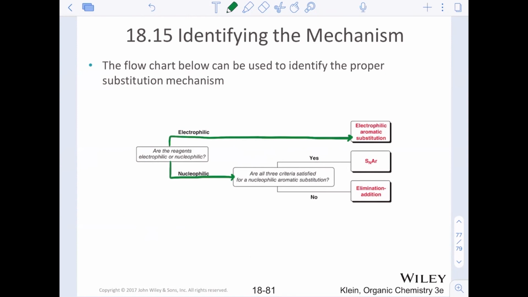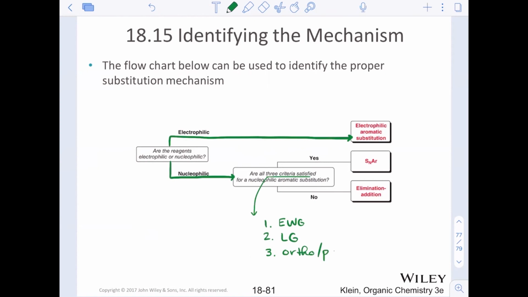Don't forget the benzene. What are the three criteria? Let's go back. Benzene must possess a strong electron withdrawing group. It must have a leaving group, and they must be ortho or para to each other. Those are the three criteria.